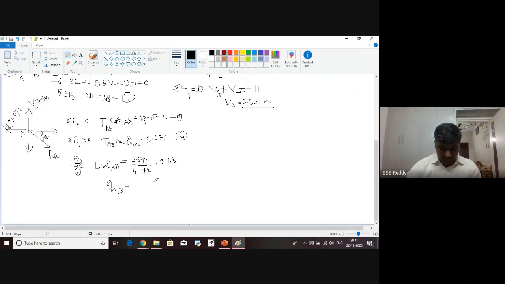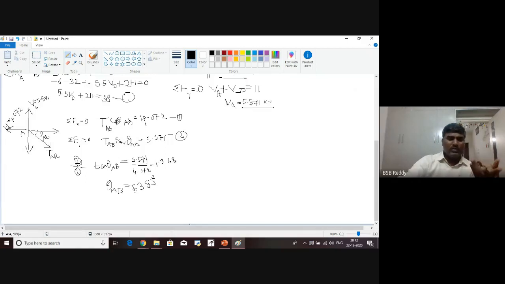So let us do the tan inverse of 1.368. That is 53.833 degrees. So 53.83 degrees, or else one decimal is also okay. Can manage. Okay. So 53.8 degrees is the theta AB value.